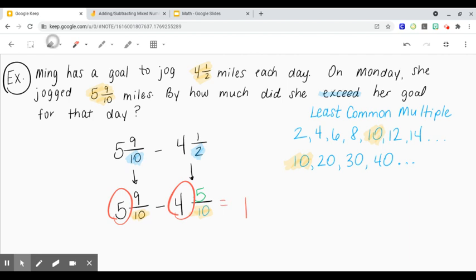And then we can subtract the fractions. 9/10 minus 5/10 would leave me with 4/10. Now, some of you might be thinking, great, I have a final answer. Ming ran an extra 1 and 4/10 miles past her goal.